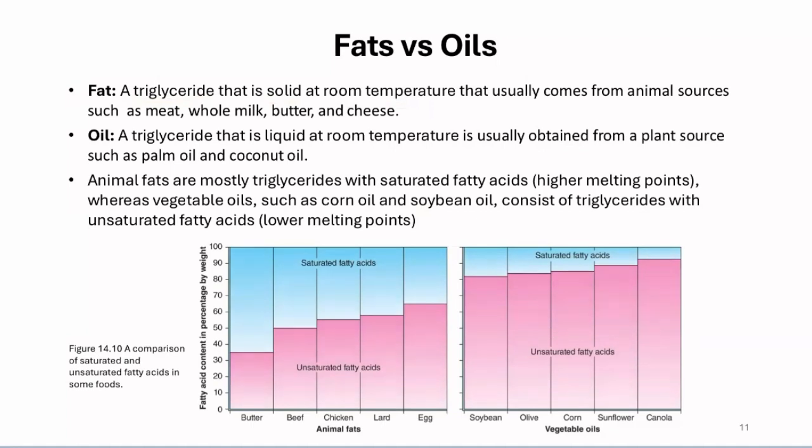Oils, on the other hand, are triglycerides that are liquid at room temperature, and they are obtained from plant sources like palm oil or coconut oil.